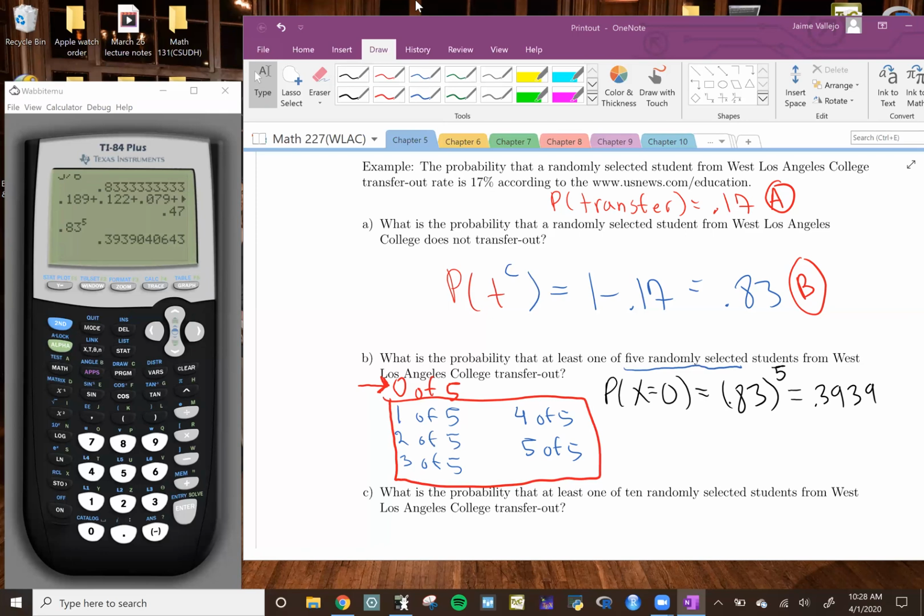So what we want to do, we want to use a complement rule because we want to find probability that X is greater than or equal to 1, which is equal to 1 minus probability that X is equal to 0.